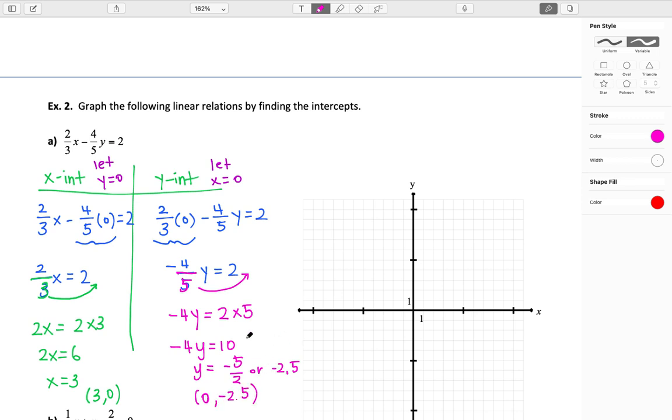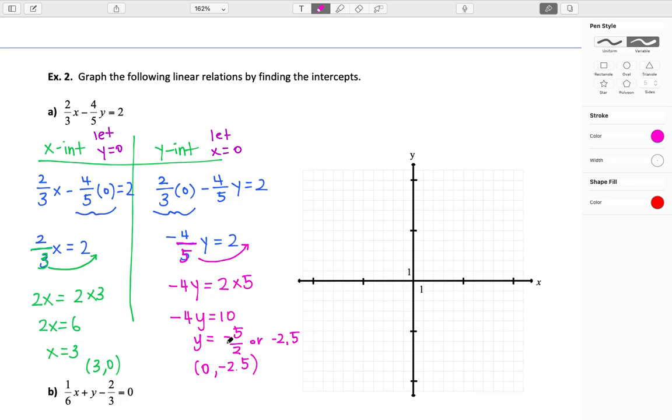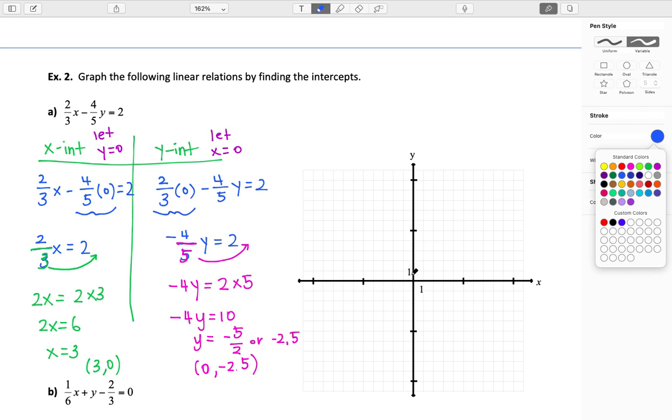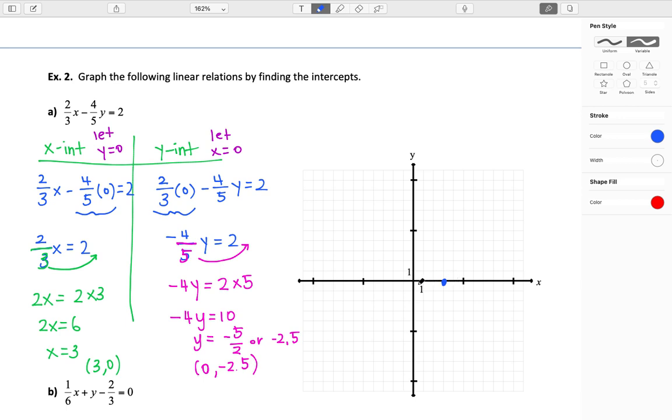In this case, I wrote it in decimal so that it's a little bit easier for me to graph. So for letter A, let's label my x-intercept on the x-axis at 3, and on my y-axis at negative 2.5, so it's right in the middle here. Using your ruler, connect the points, and don't forget the arrows on both ends.